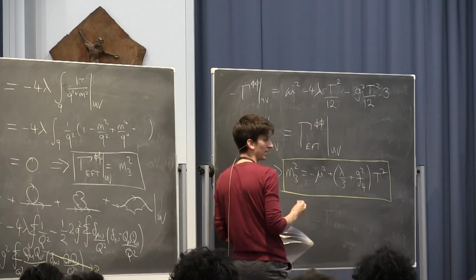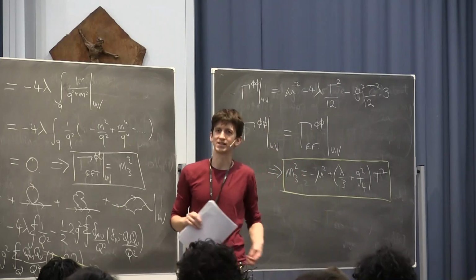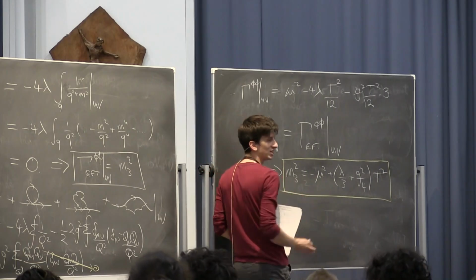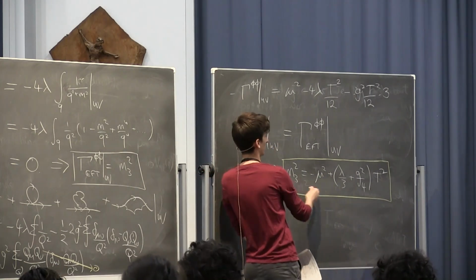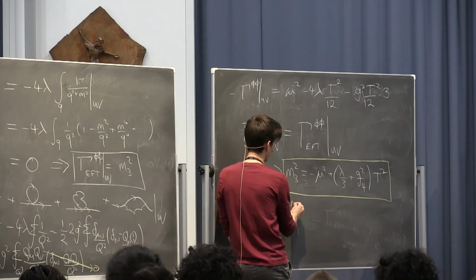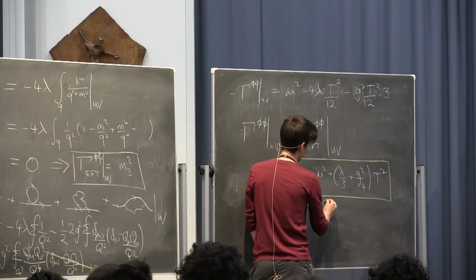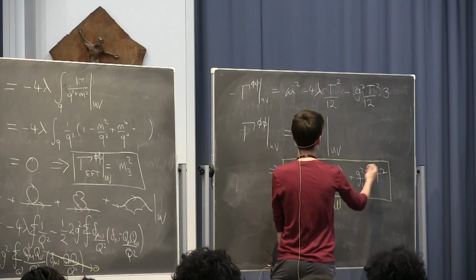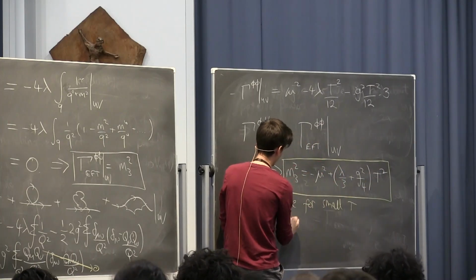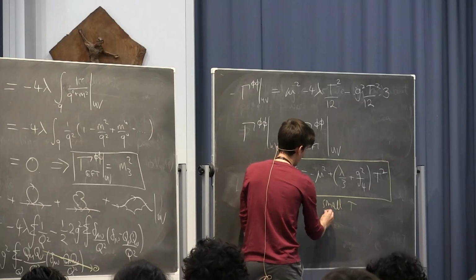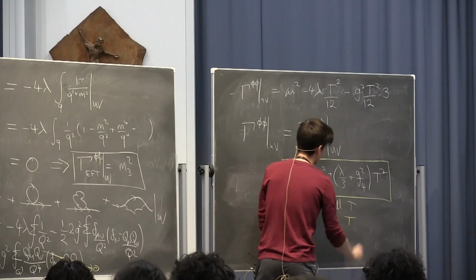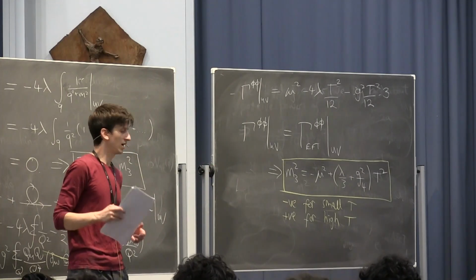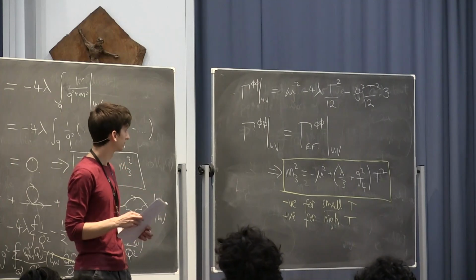Now I have the effective Higgs mass in this theory. If I take T to be 0 or T to be small, then the first term wins, and it's negative. So it's negative for small temperatures. But if I take T to be sufficiently large towards infinity, then this term will always win. And so this is positive for high temperatures. So we have a mass which is changing sign now in our EFT.